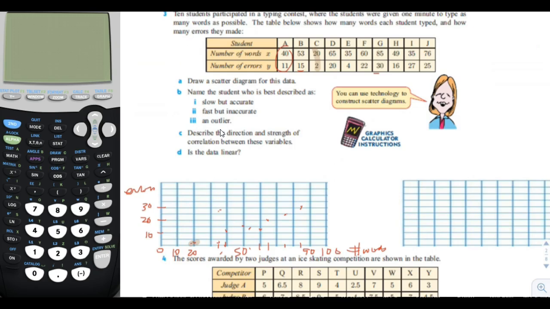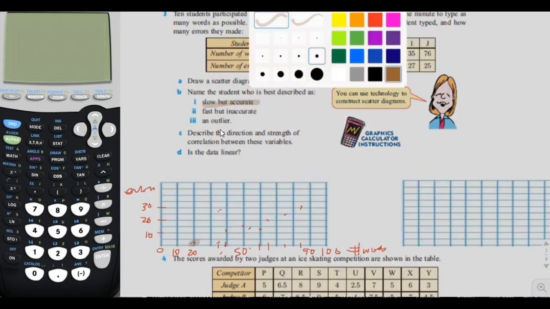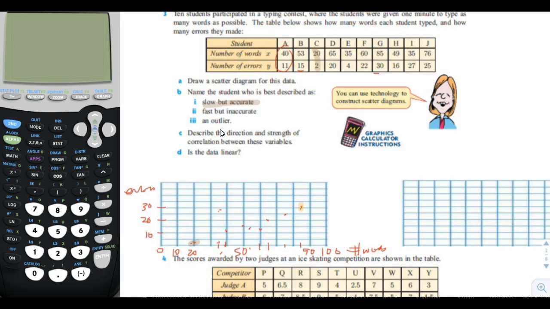Then there's fast but inaccurate. So fast but inaccurate would be like this person here, which is 85, 30. And then an outlier. An outlier would be this person here, which is about 35, 27 or something.